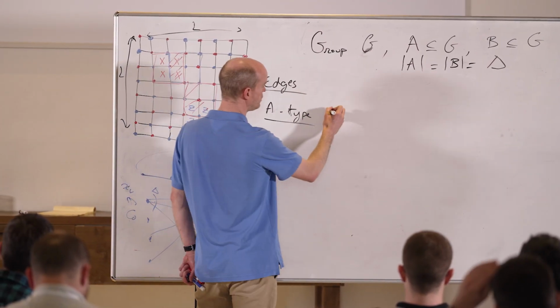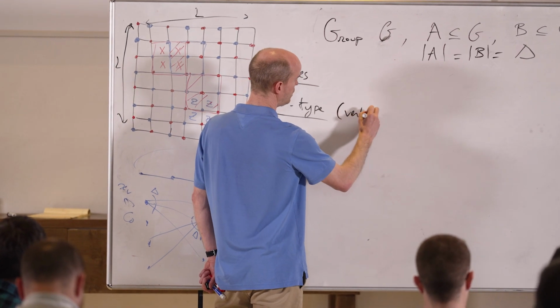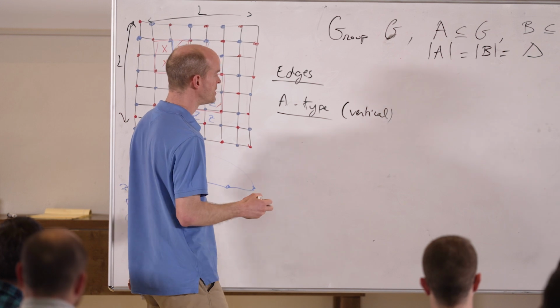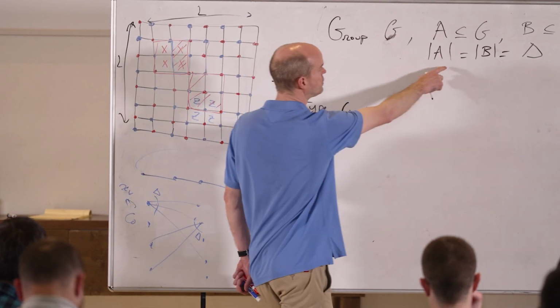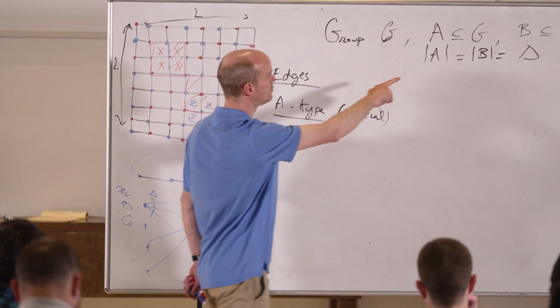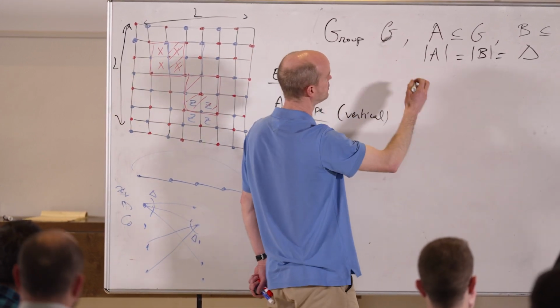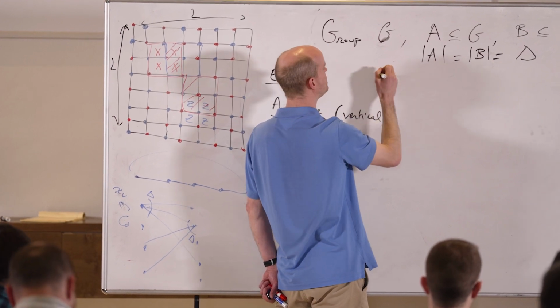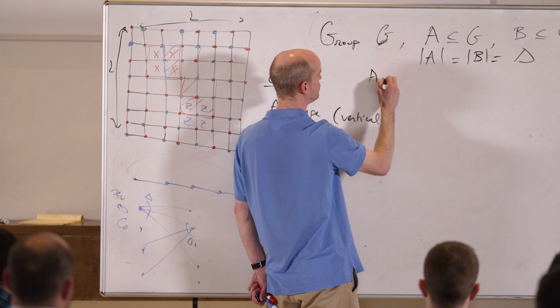So this will be vertical edges in this picture over there. And basically they relate. So in the construction I will also ask that I take A and B to be symmetric. It helps a little bit.